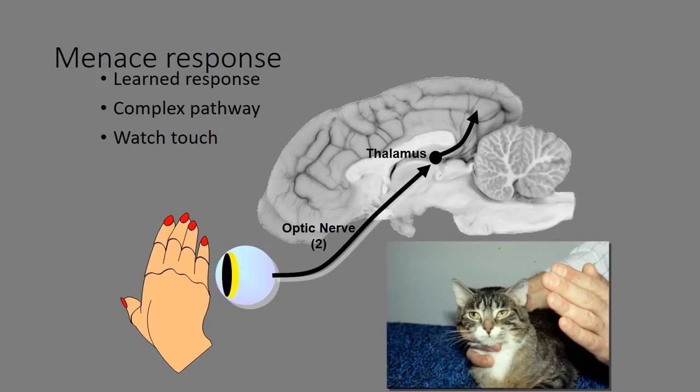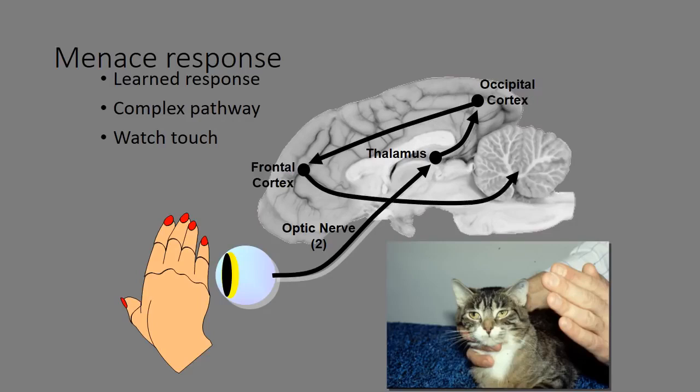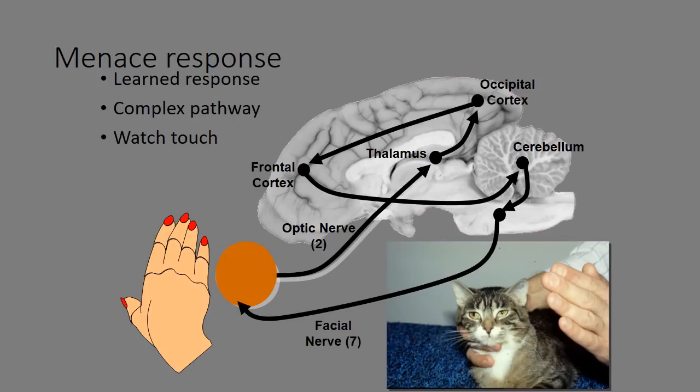There it goes to the occipital cortex, then to the frontal cortex, back through the thalamus to the cerebellum, to the facial nucleus, and then through the facial nerve, where it eventually will cause the blink response.